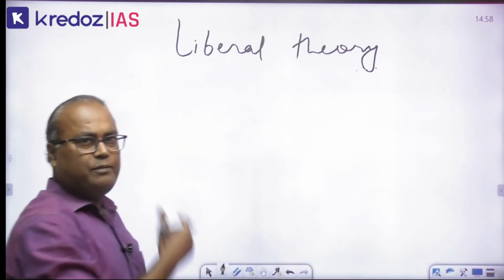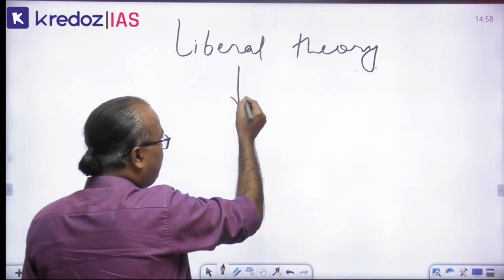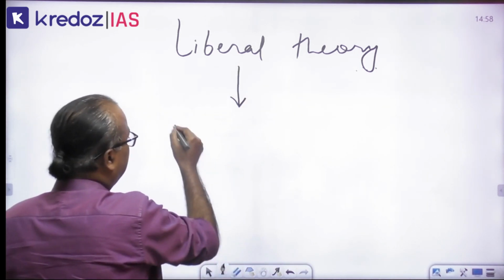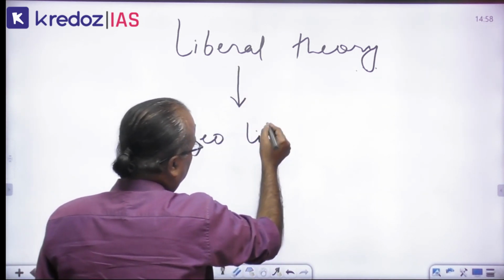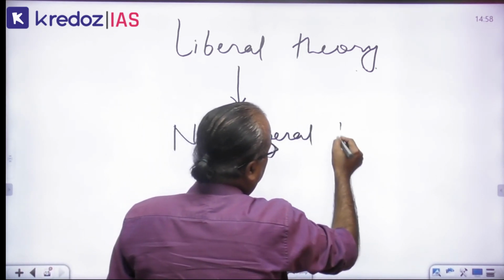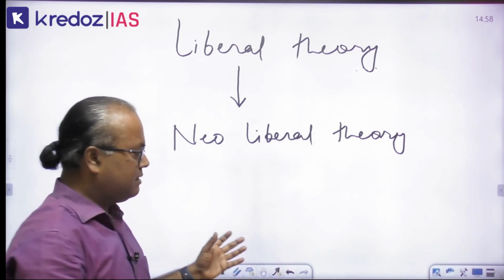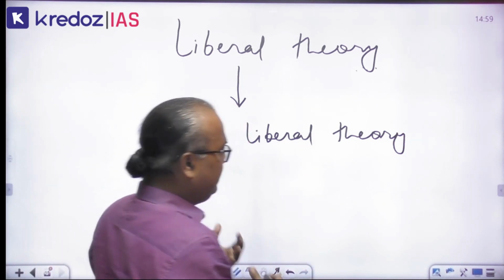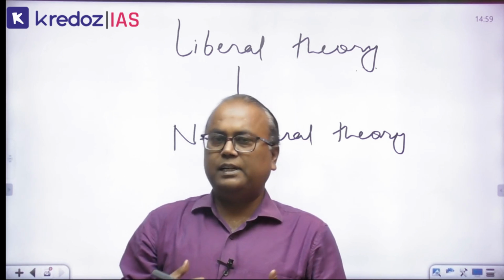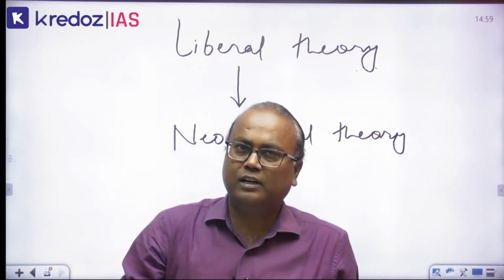Once you understand liberal theory, you can compare it with the neo-liberal theory, and as you know, neoliberal theory has a lot of views, and many states usually follow the neoliberal theory.